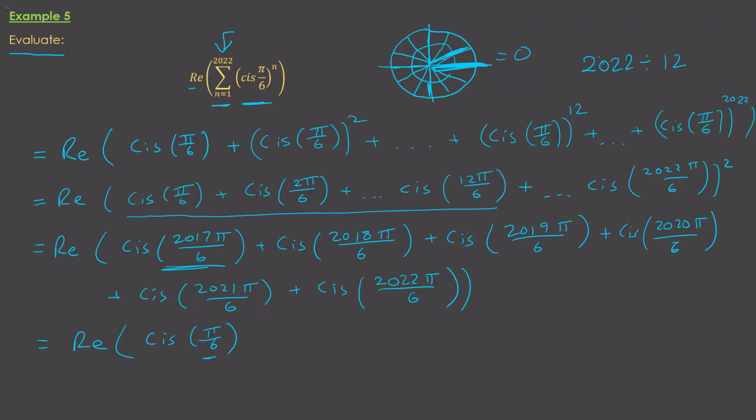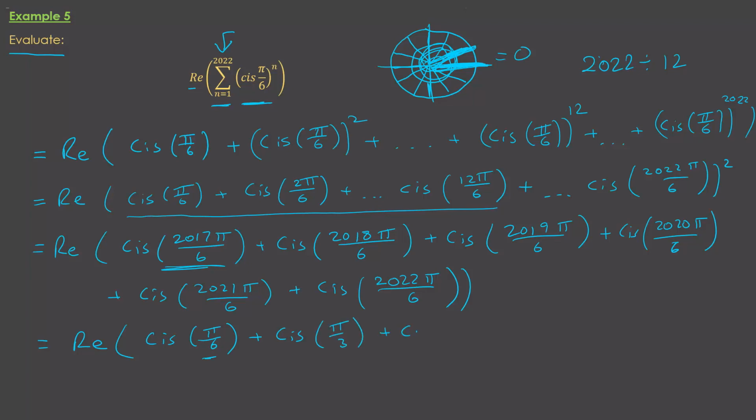Well, obviously it's not the same angle because we go lots of times round, but it's in the same position. And therefore the cosine and the sine of 2017 pi by 6 are equal to the cosine and sine of pi by 6.